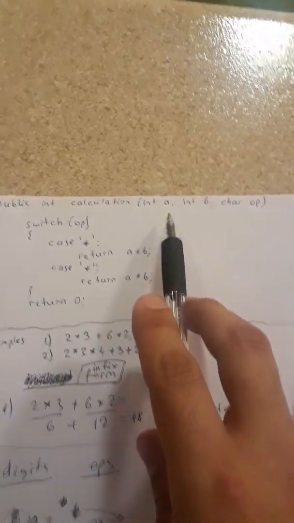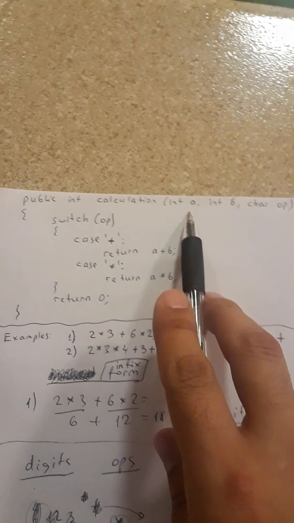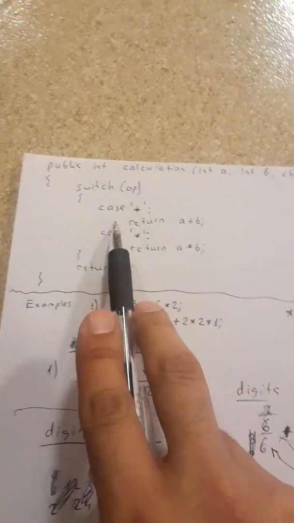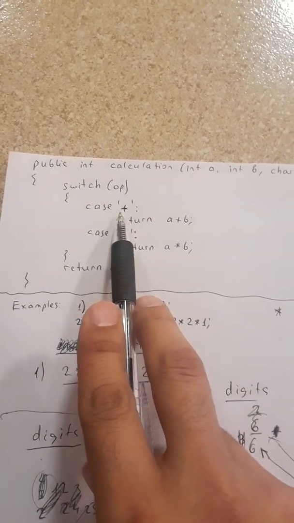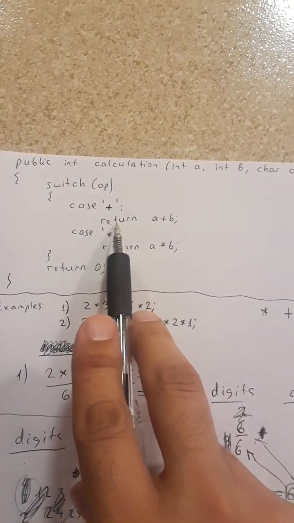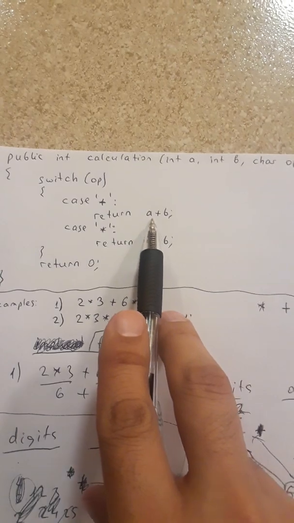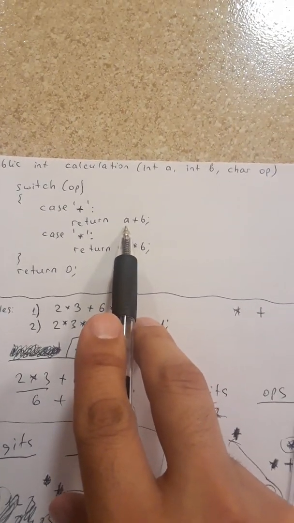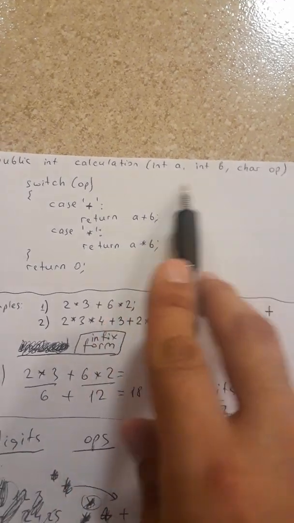The calculation is our helper function, and it basically looks in the following manner. It takes two integers and one operator, and when it sees that the operator sign is a plus sign, it just returns the sum of the two integers.